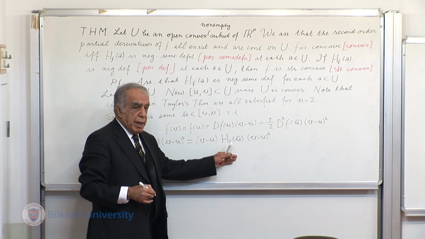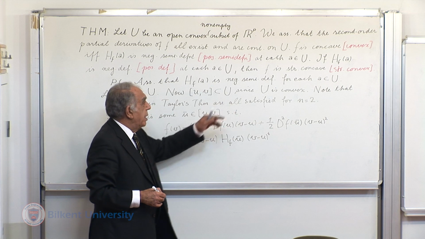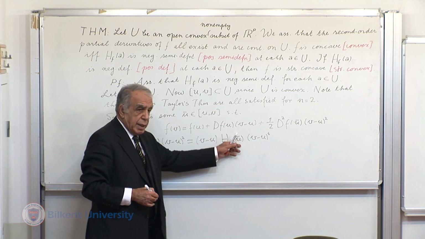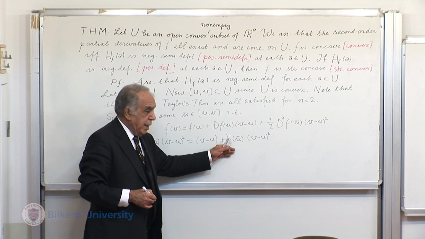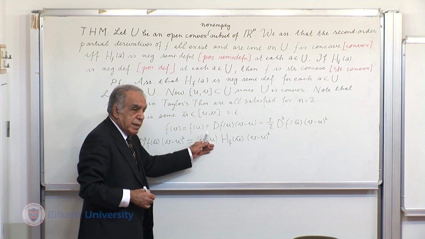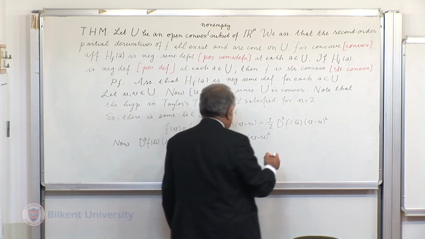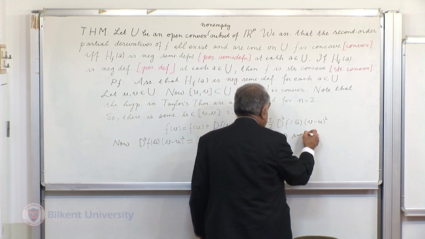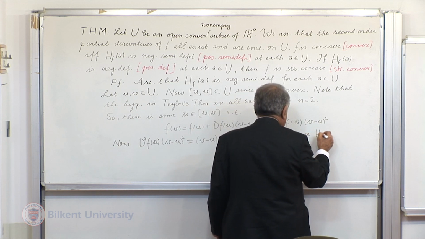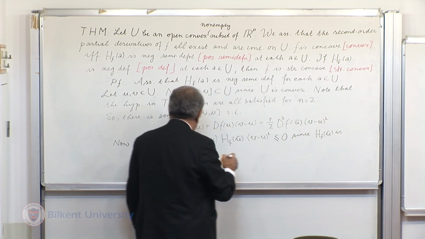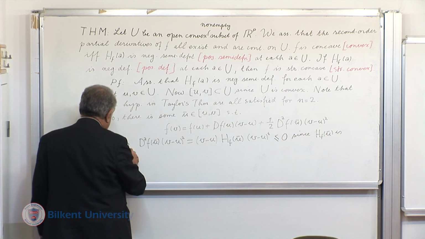What can we tell about this? Since we know that H sub f at any point in U, thus in particular at u bar, is negative semi-definite, well, so if x is v minus u, this is less than or equal to 0, since H sub f at u bar is negative semi-definite by hypothesis.